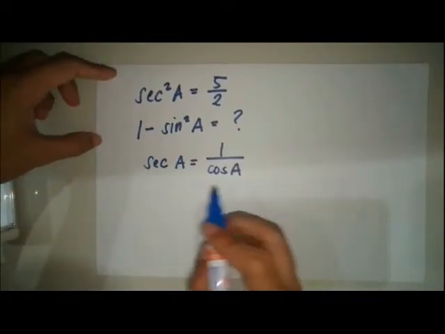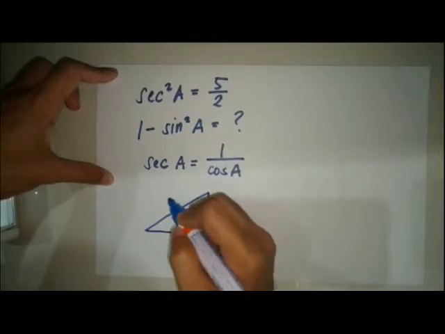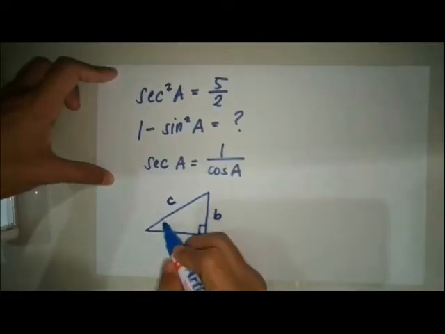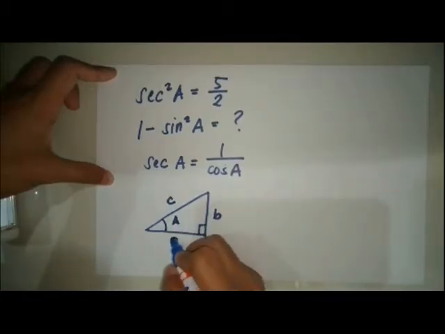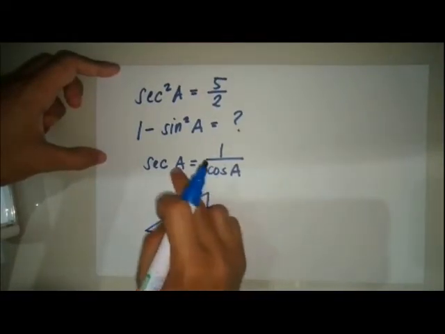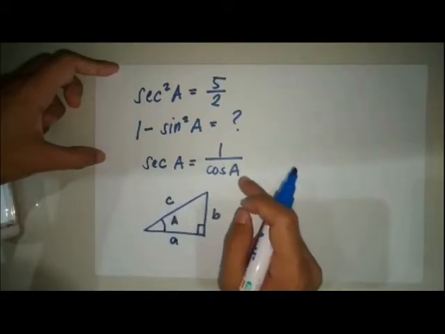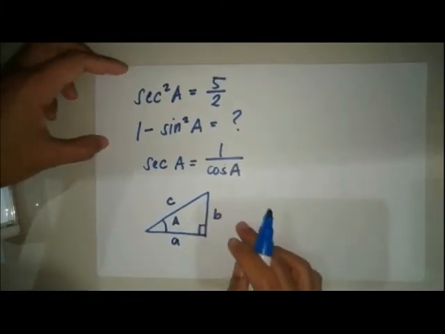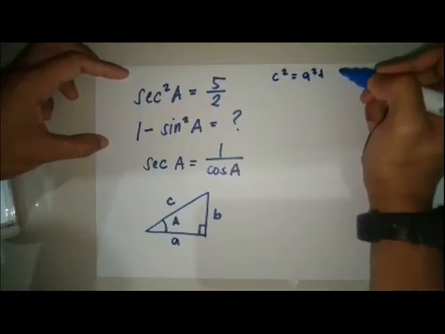So going back to our right triangle, so you have here C, let's say this is B, and you have here angle A. So don't be confused because we use here A because our given angle is not theta, this is just a variable, so let's use A. So the angle is denoted by capital letter A. So here we can say that C squared equals A squared plus B squared.